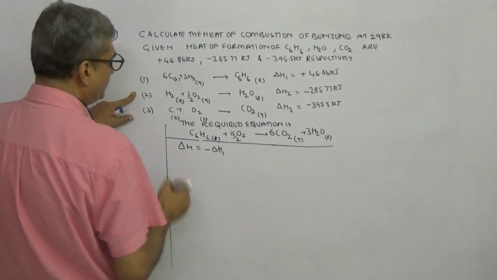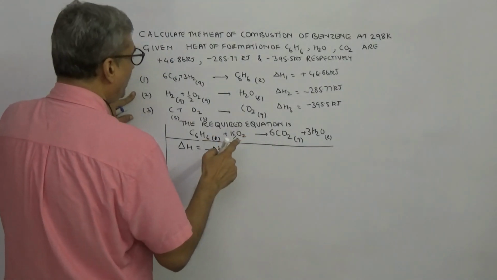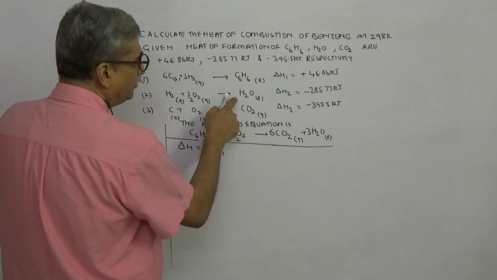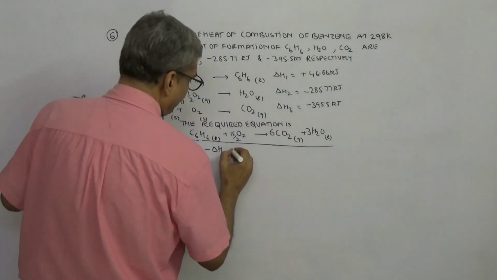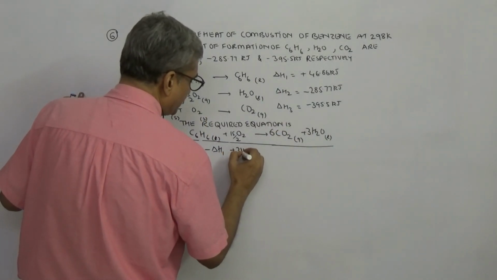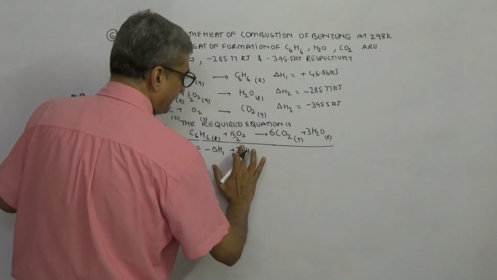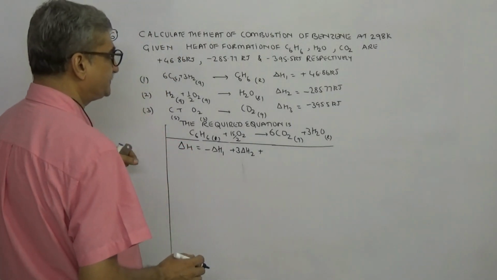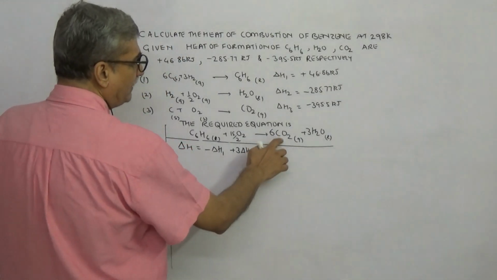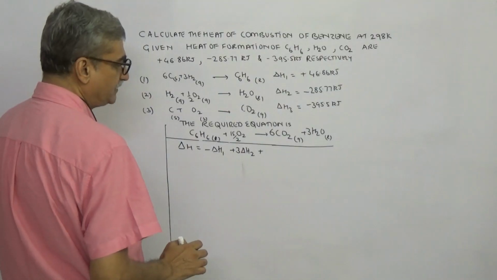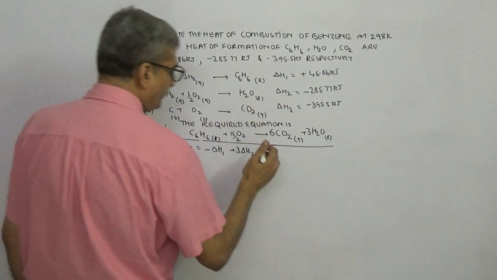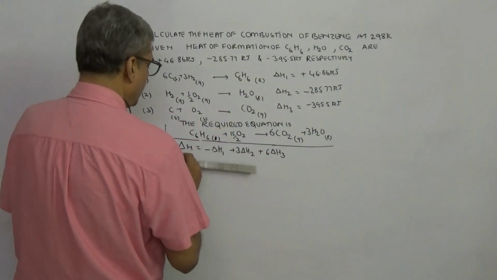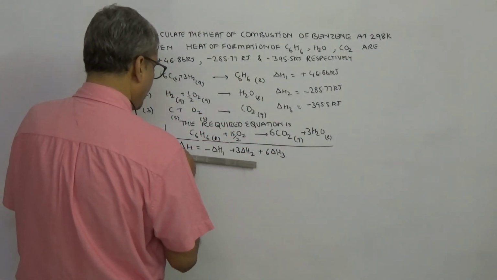In the second equation, you have hydrogen 1 mole, and water over here, but how many moles do you require? 3, so plus 3 times delta H2, plus what do we have? We require carbon dioxide in the product, we get it over here. But we require 6 moles, this is only 1 mole, so plus 6 times delta H3. So let us do the changeover and see if you are getting the required equation.